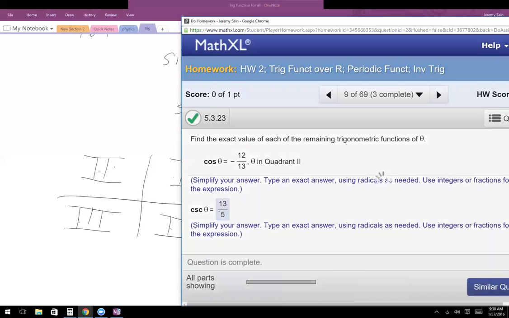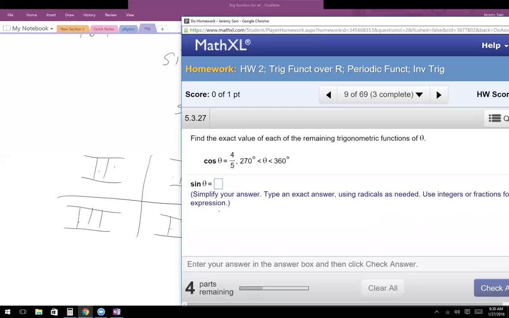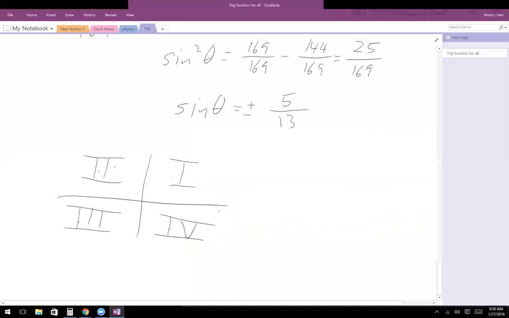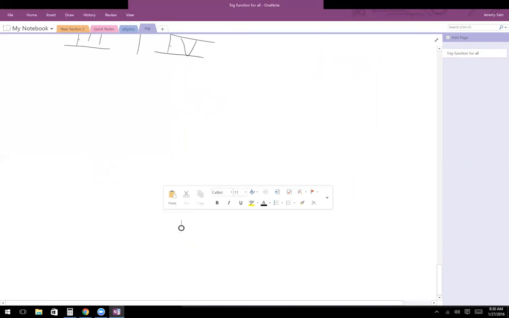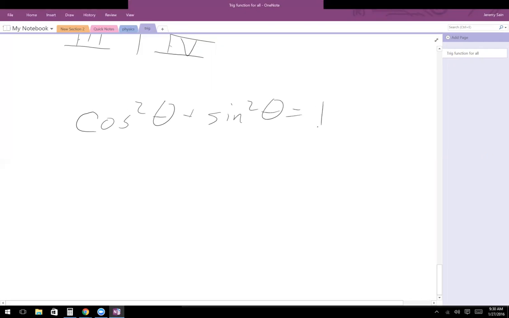Sure, let's do one more like that. Okay, cosine is 4/5. We're in between 270 and 360. So again, to get the sine, you just use cosine squared plus sine squared, which is 1.